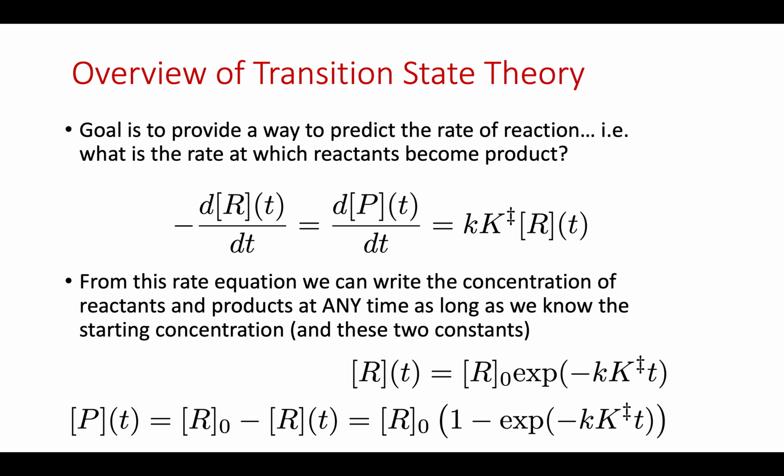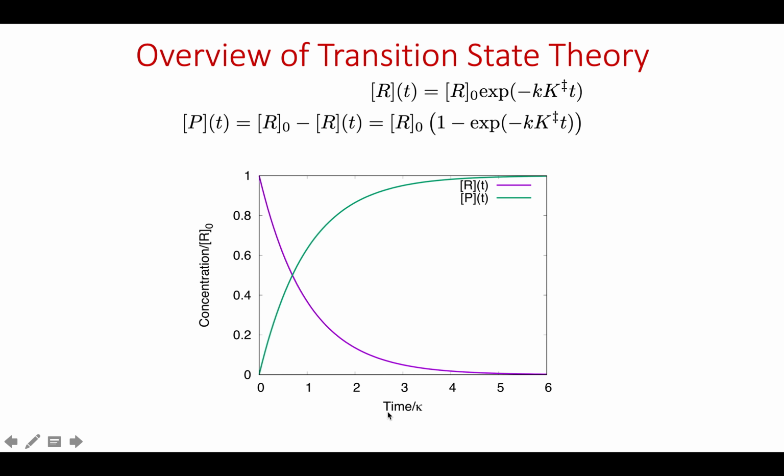Okay, so in essence, if we know how to calculate our rate constant, then we can know what our reaction is going to be at any instant in time, provided we can at least specify how much reactants we're going to have. And so here's what those functions look like plotted as a function of time, in a reduced coordinate system.